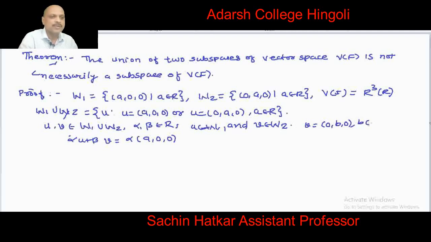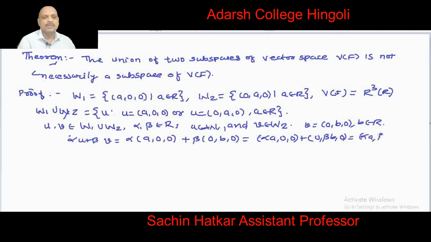Then alpha u plus beta v equals alpha (a, 0, 0) plus beta (0, b, 0), which equals (alpha a, beta b, 0).